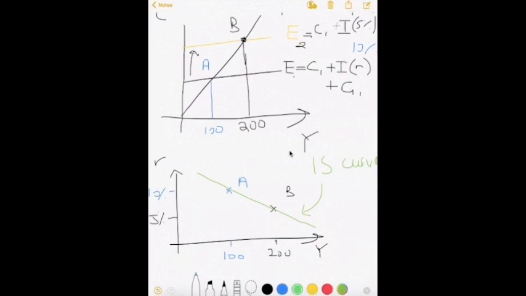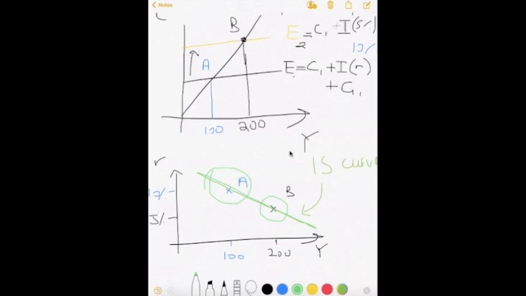What we need to understand is that point A was an equilibrium in the goods and services market. When interest rates changed, the economy moved from point A to point B. Point B is still an equilibrium in the goods and services market. What this means is that any point along the IS curve is basically a particular equilibrium point at a particular interest rate.